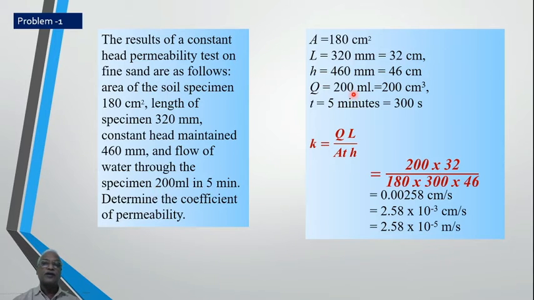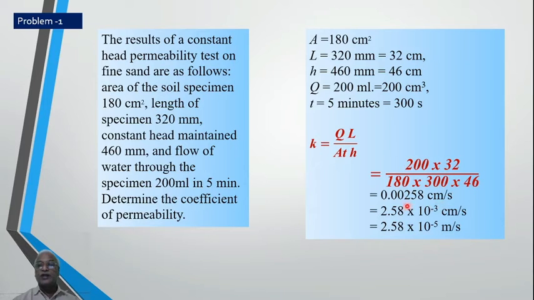Quantity of water collected is 200 ml in 5 minutes, that is 300 seconds. So if you substitute everything in centimeters and seconds, the K comes in centimeter per second. So here it is 200 cc into 32 divided by 180, 300 seconds, 46 centimeters.